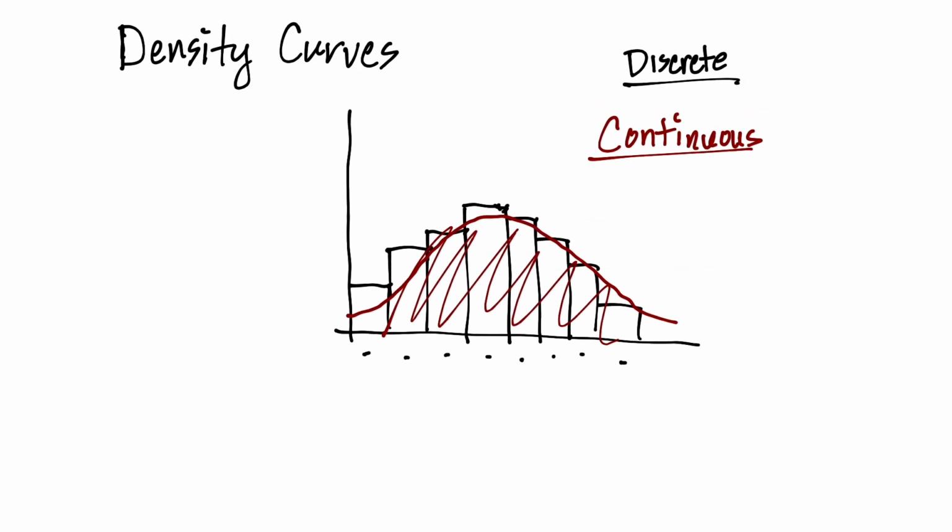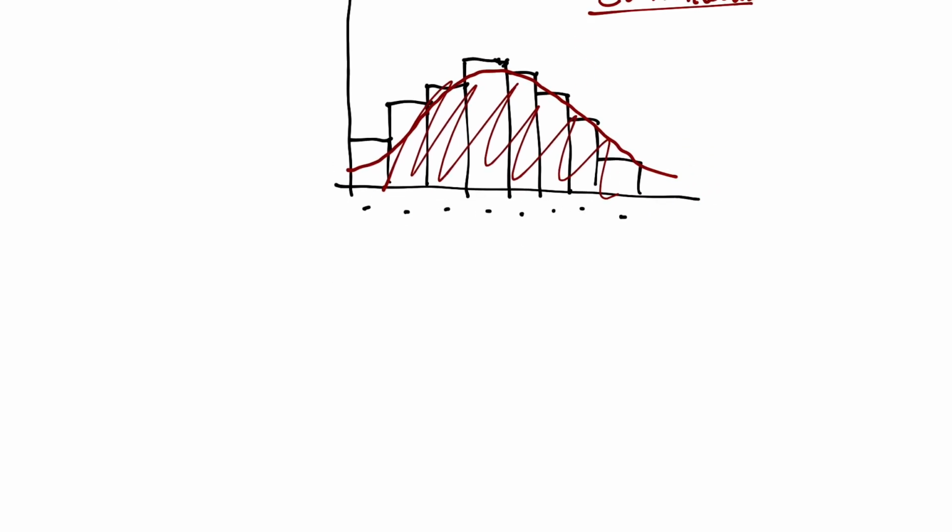Two things to remember about density curves. Number one, if you look at this red curve here, their values are all above the x-axis, which is analogous to saying that the probability of any given event is always going to be positive. It's between 0 and 1.